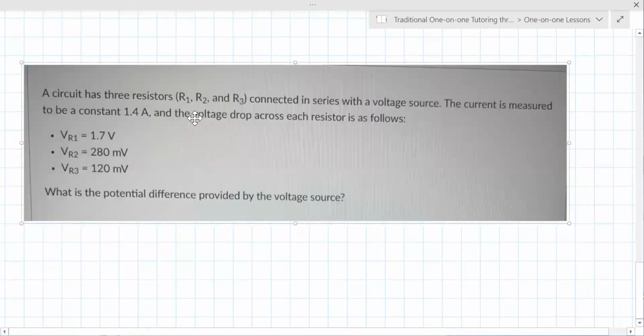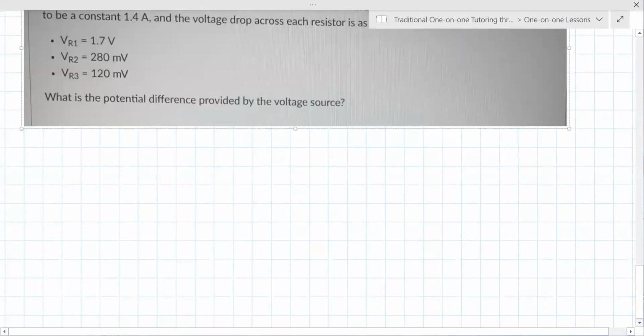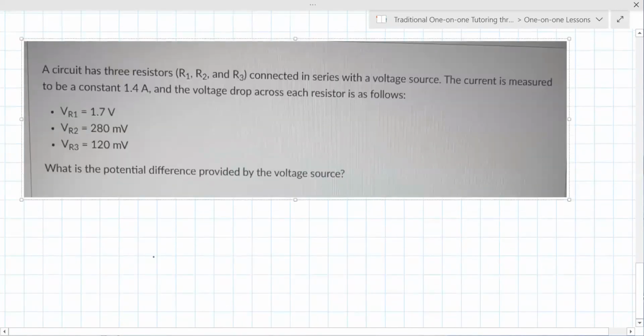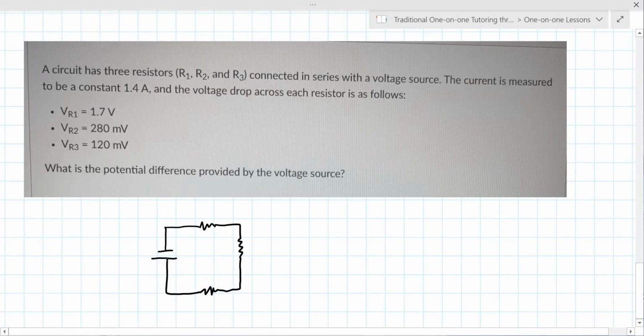We can draw this circuit again if we want to. So you've got a voltage source, and then resistor 1, resistor 2, resistor 3.